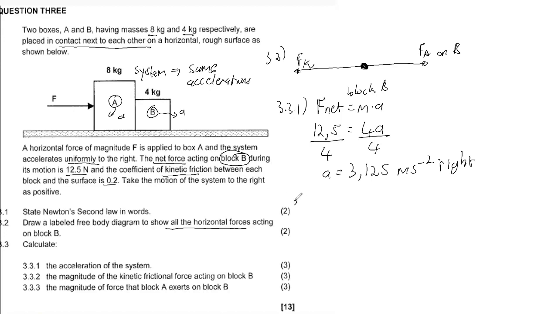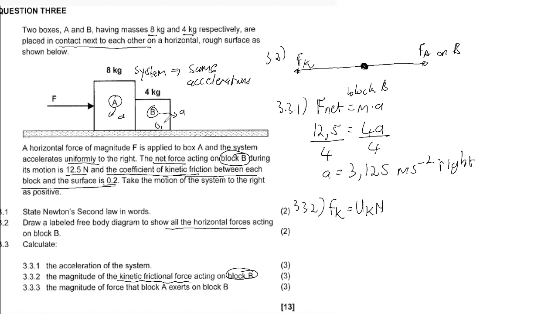So we need to have both magnitude and direction, right? Then for 3.3.2, they say the magnitude of the kinetic frictional force acting on block B. So again, we are still on block B. Then we know the formula to calculate the kinetic frictional force is just Fk is equal to mu k times N. We are given the coefficient of kinetic friction. When we read here, it says the coefficient of kinetic friction between each block and the surface is 0.2.